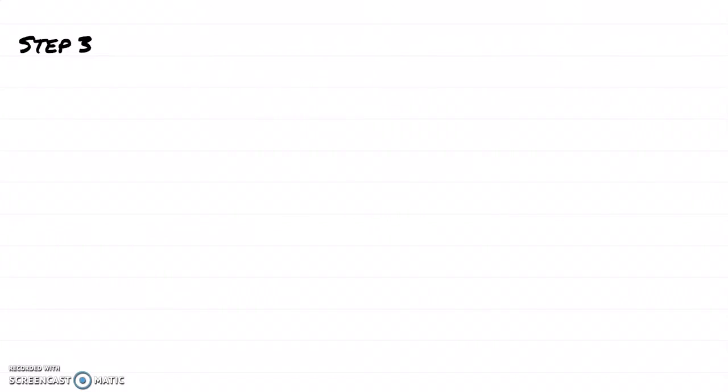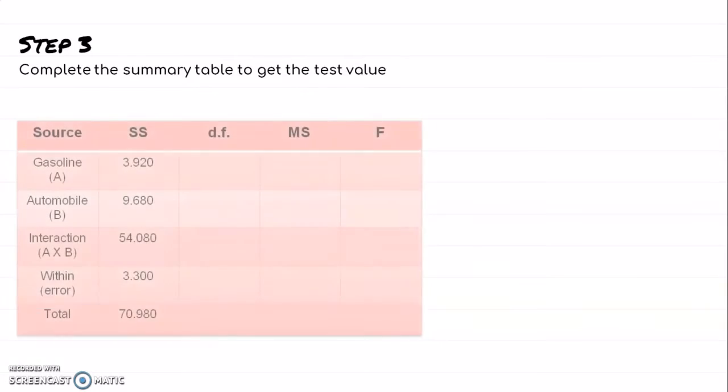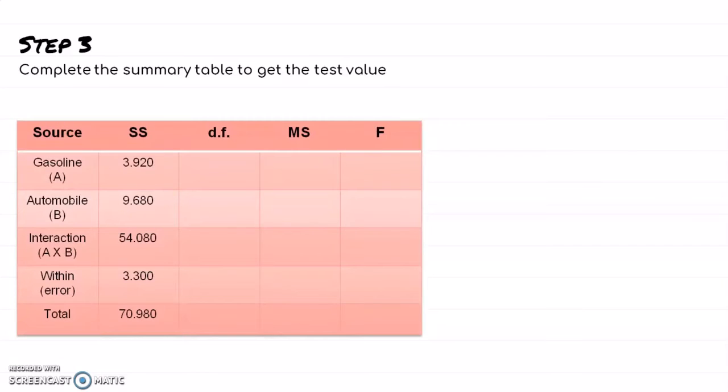Okay, untuk step 3 ni, kita perlu complete the summary table to get the test value. So, dekat sini ada satu uncomplete summary table. Jadi, macam mana kita nak completekan summary table ni? So, the first one is, kita perlu compute the mean square.